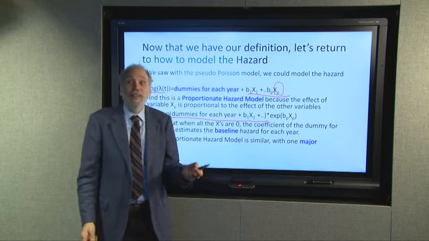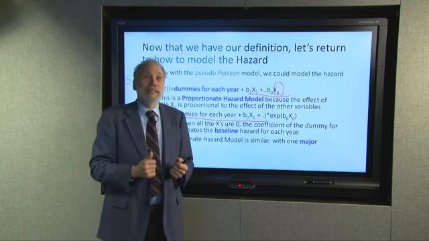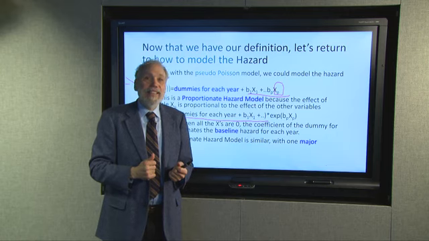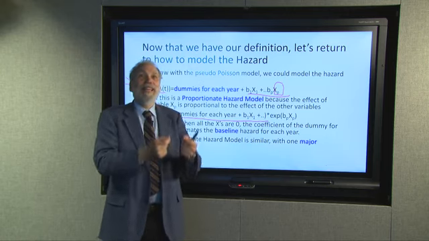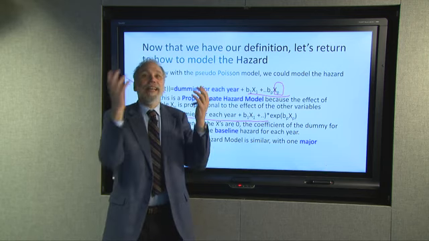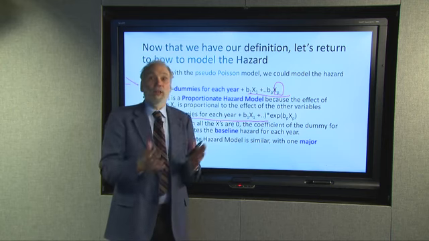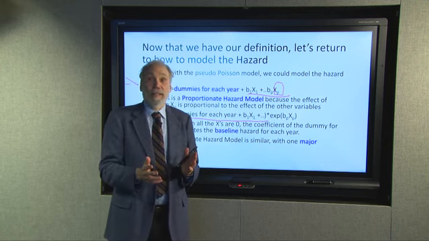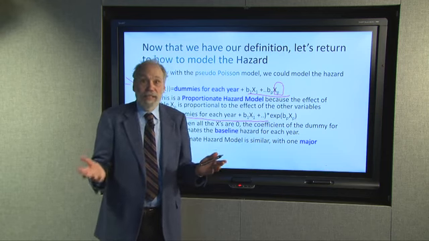So now the baseline hazard in a particular year is the baseline rate of dying for a population at the average age of entry of the people in my cohort. Okay? Otherwise, those things aren't going to be terribly meaningful.